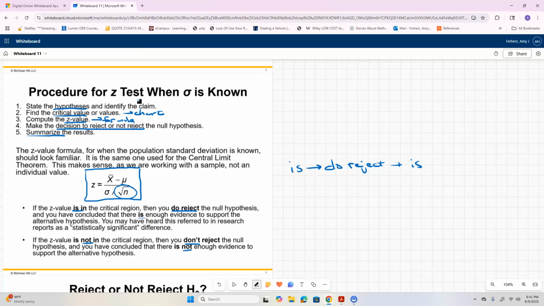If our test value is not in the critical region, we do not reject, and there is not enough evidence to support the claim.